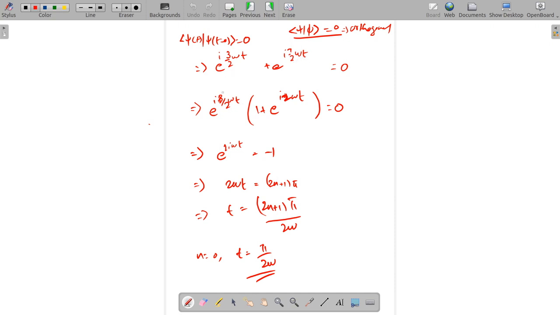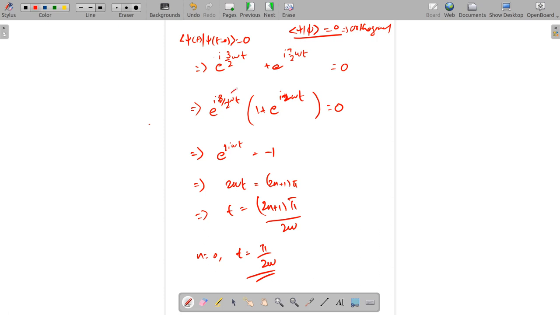Okay, now pulling out e to the power minus i 3 by 2 omega t. I have taken psi of t, so that's why it can be minus also if you take the other way, like bra psi 0 and ket psi t. Anyway, it's fine. So basically you pull out the factor and you will get this thing.